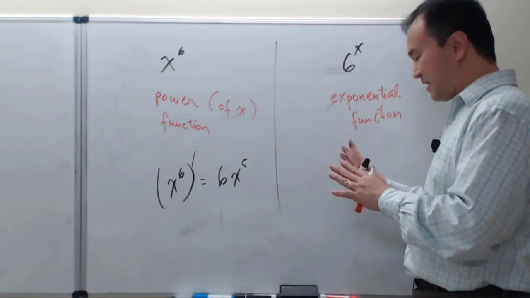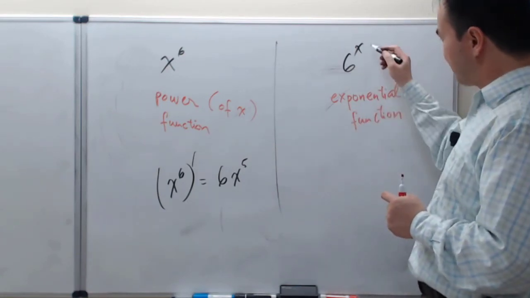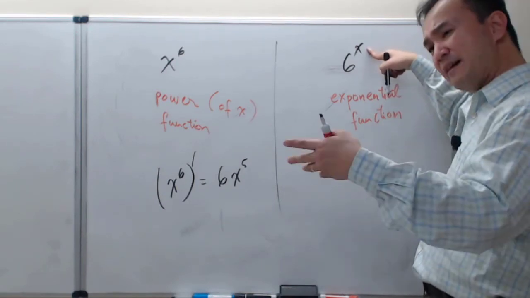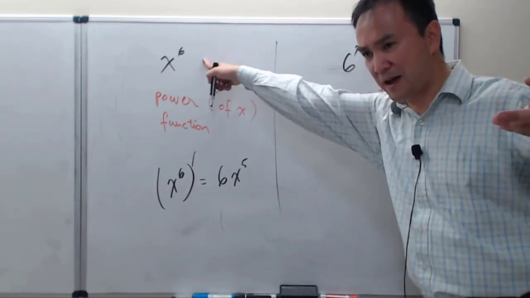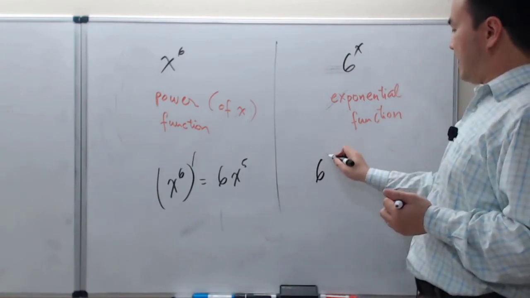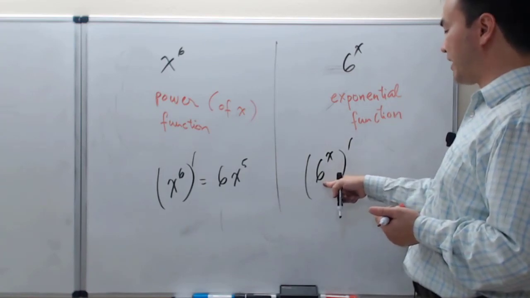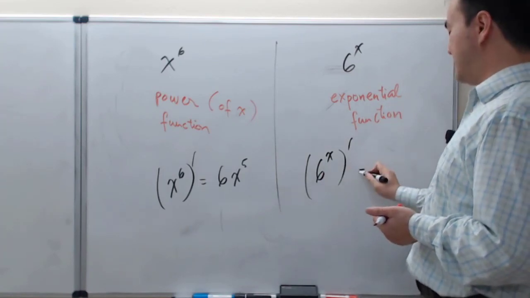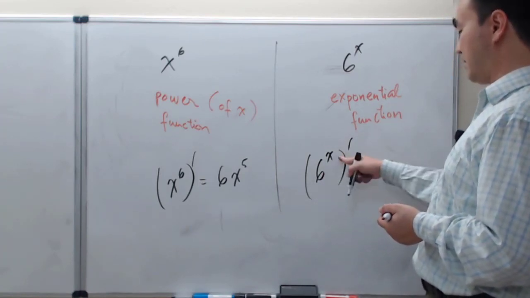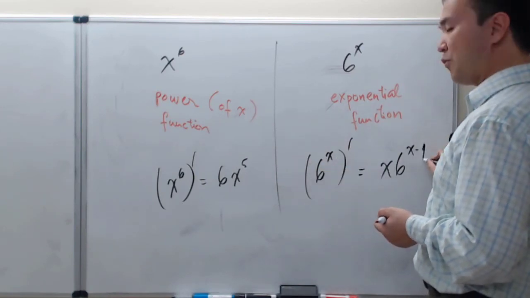And the reason I have to mention it, because it's easy to get confused in a sense that this thing right here does have some exponent form. This is also exponents, another way of calling that. So I have students in my past quarter easily make this mistake. The derivative of 6 to the x equals x, the power brought down in front, times 6 to the x minus 1.